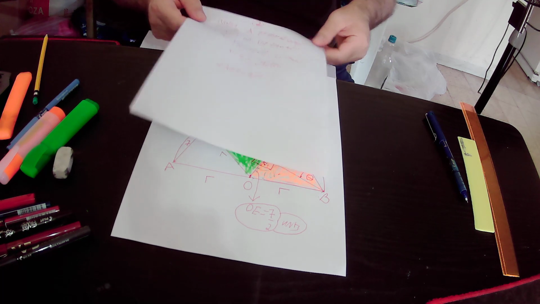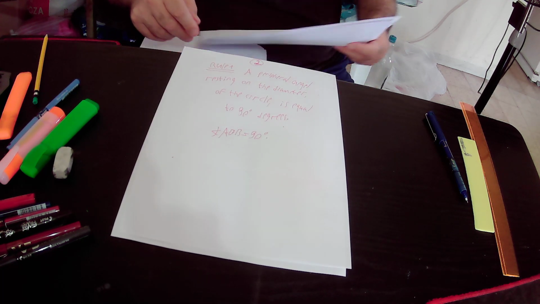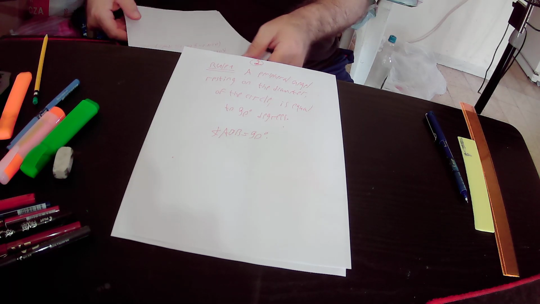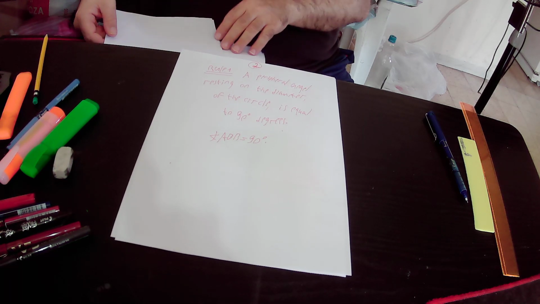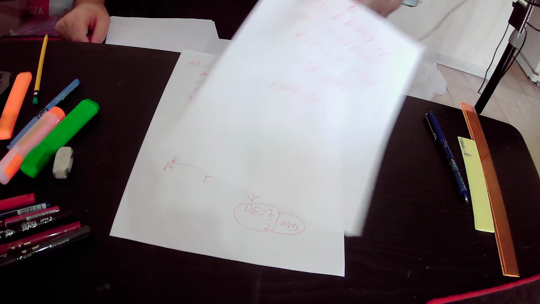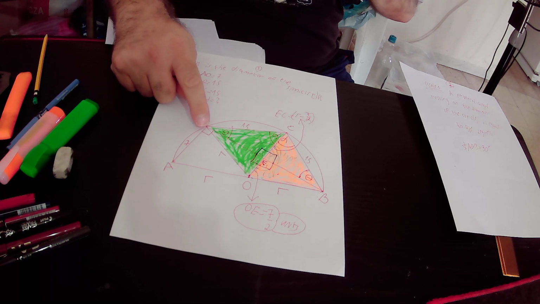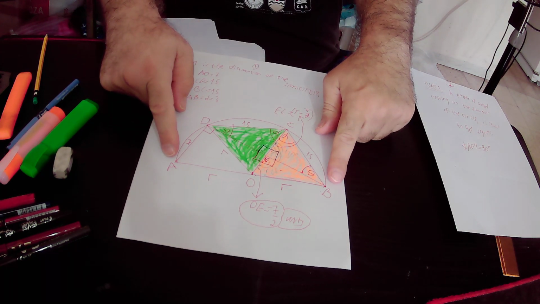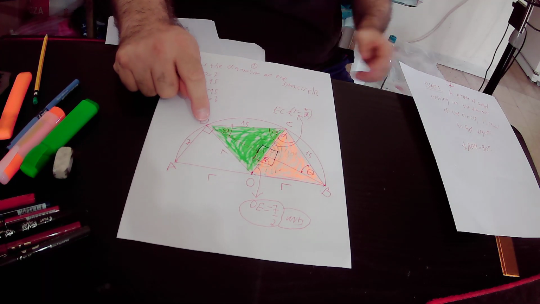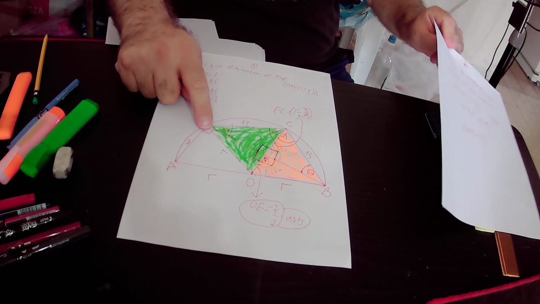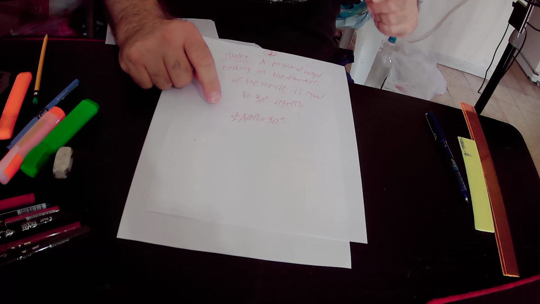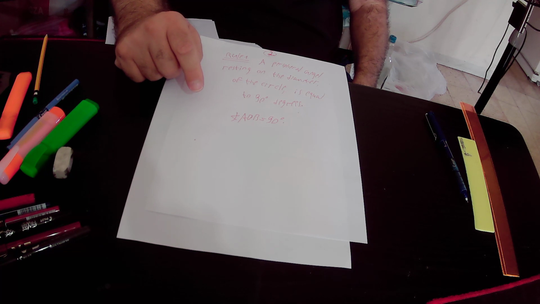Okay? Rule number 1 states that a peripheral angle resting on the diameter of the circle is equal to 90 degrees, and actually angle ADB, this angle rests on AB, that is the diameter of this semicircle. Therefore, according to rule number 1, this angle ADB, the peripheral angle ADB, equals 90 degrees in its size.